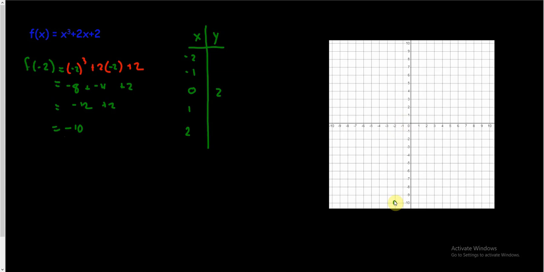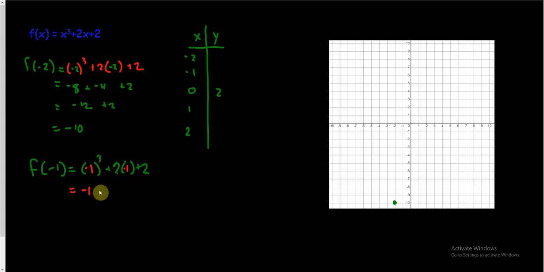Maybe these will be good choices. I don't know. Let's keep going here. So let's try f of -1. So blank to the third plus 2 times blank plus 2. All right, plug in -1. -1 to the third power is -1.